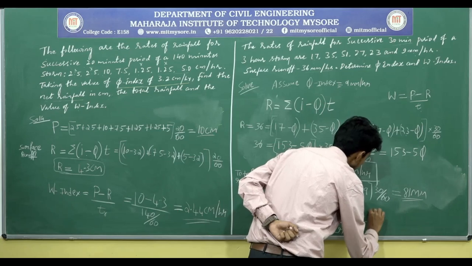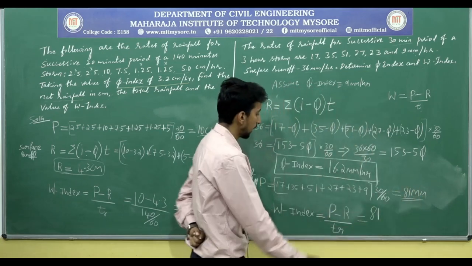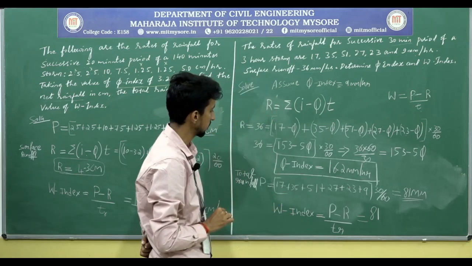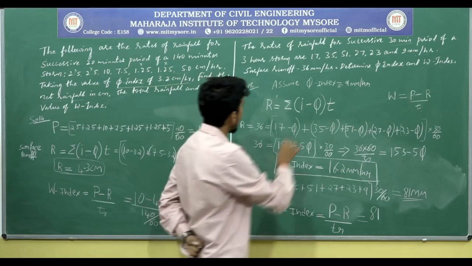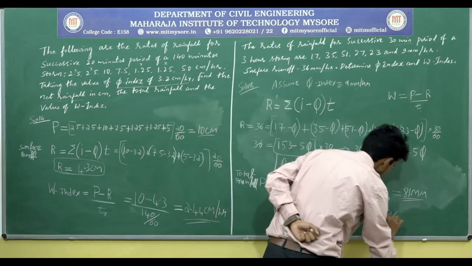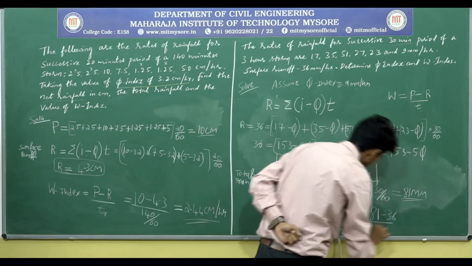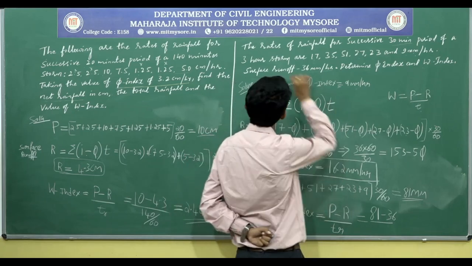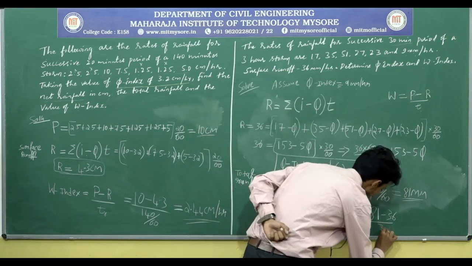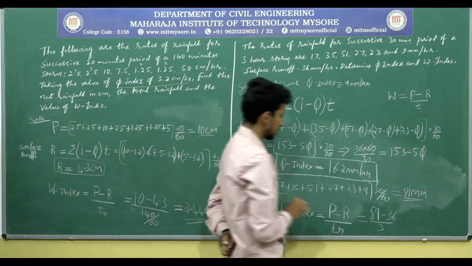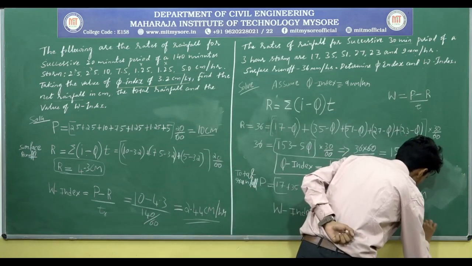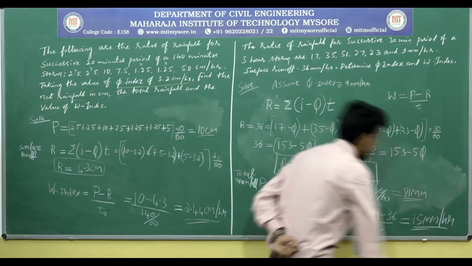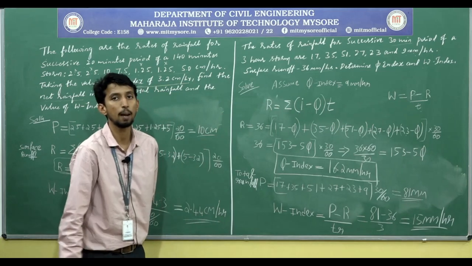Here we know the total rainfall is 81 mm and the total runoff is 36 mm. The total time is 3 hours. If you substitute this, you will get the value of W index as 15 mm per hour. The W index is 15 mm per hour.